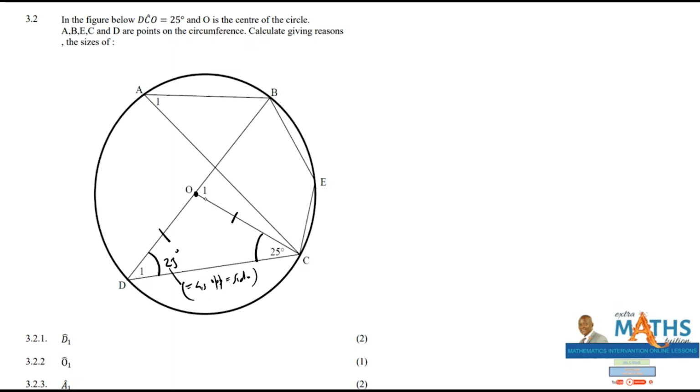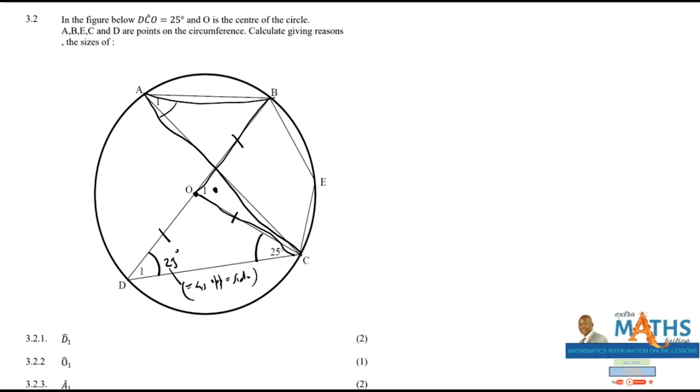If this is a center and this is a radius, you have theorem number 2. This is your angle, and it's twice the angle at the circumference. Once I know this angle, I'll be able to find this angle which is at the circumference.